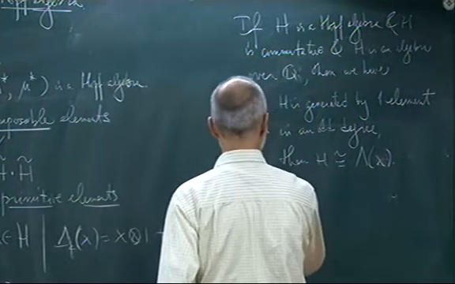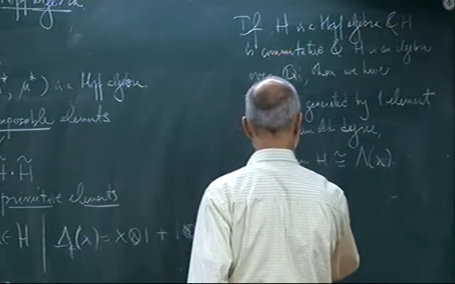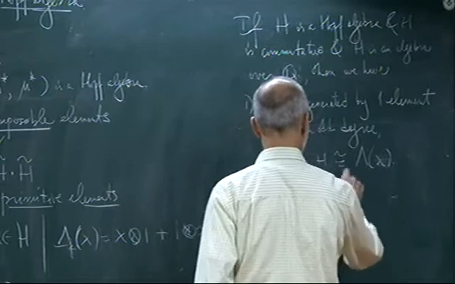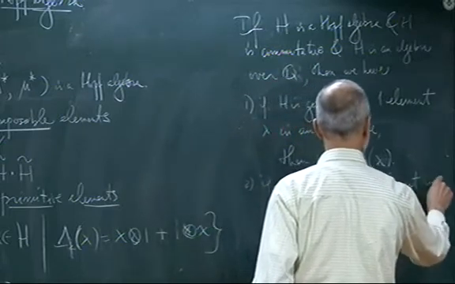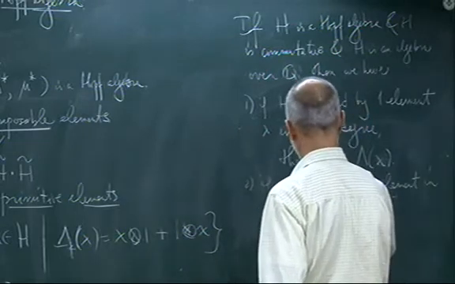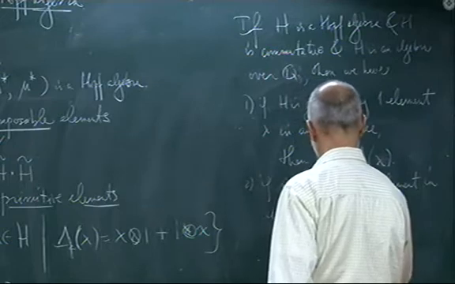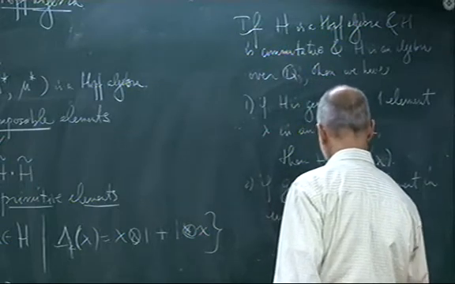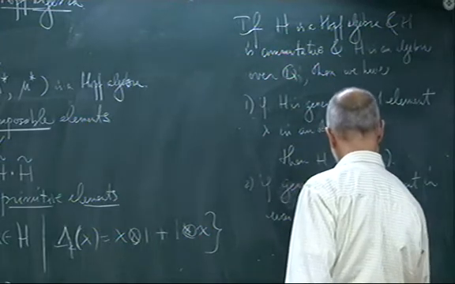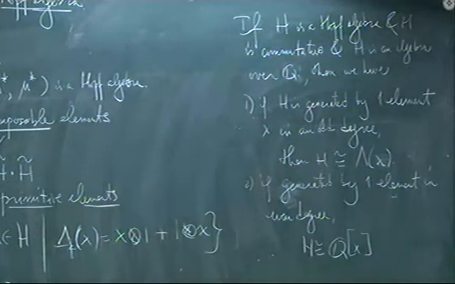And two, if generated by one element in even degree, H will be isomorphic to a polynomial algebra on one generator.